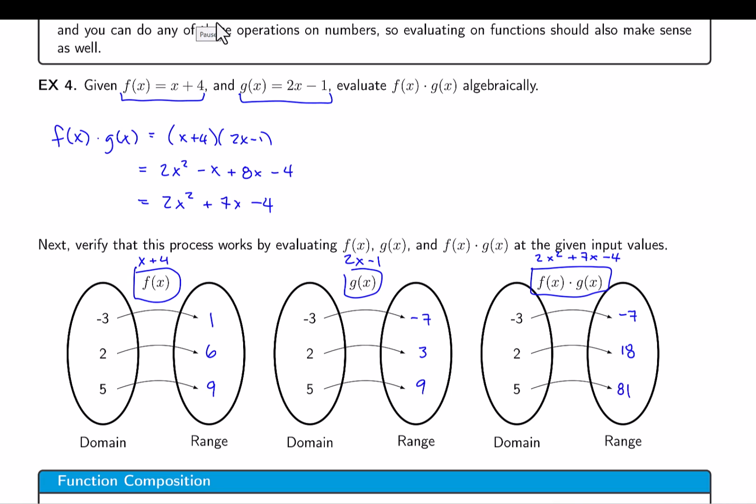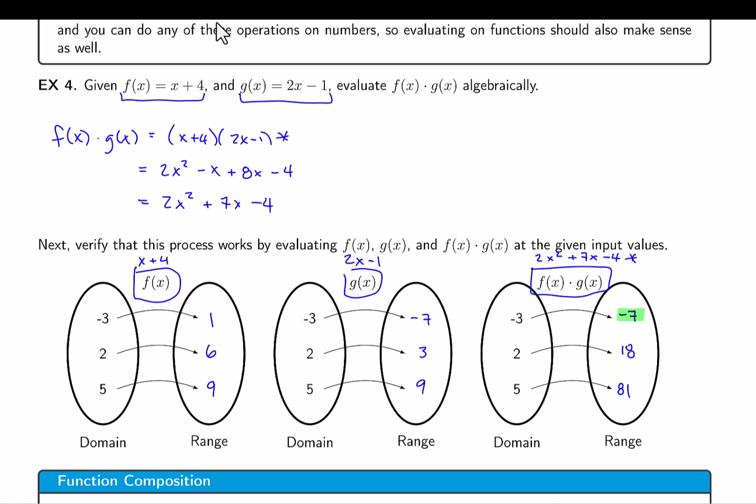Now, here's the thing I want you to see about these particular numbers. These came from this function right here, which was the product of these two functions. Look here, the value -7.